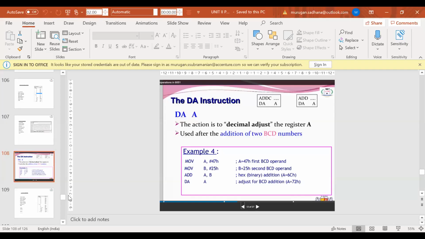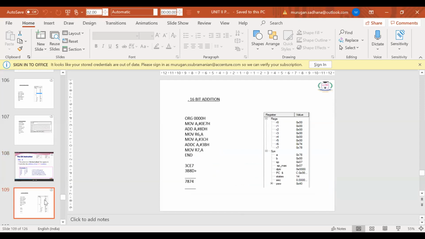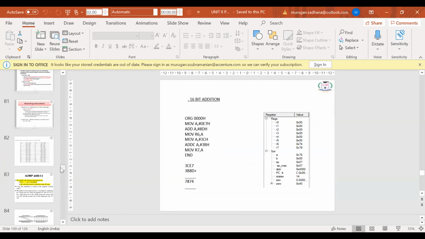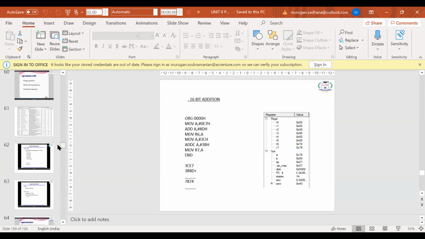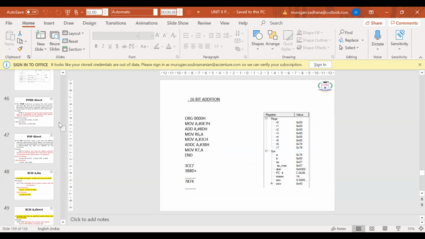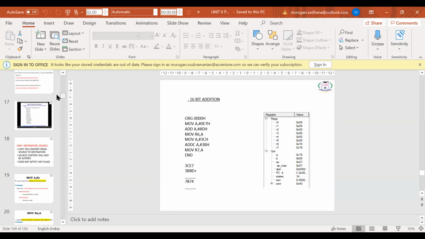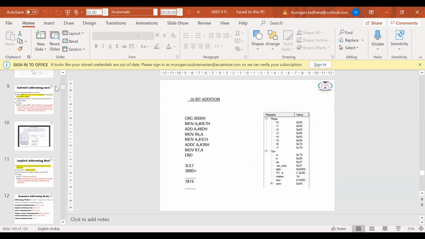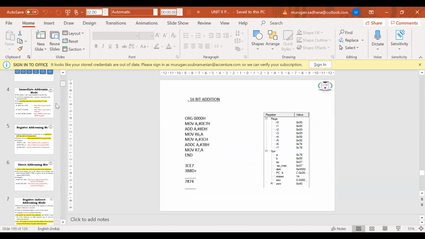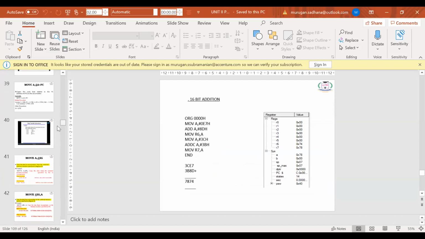Actually, we'll wait. We have ADD A, B there, because with the 8051 some instructions we are using the Keil compiler, and Atmel only will be supporting. Yesterday I took it from the PPT.